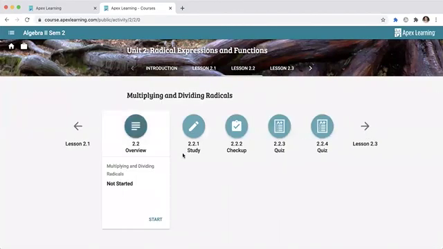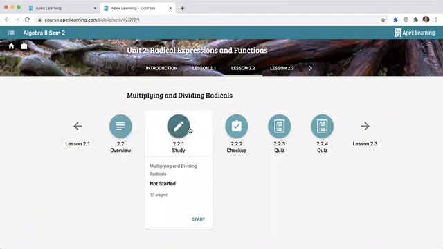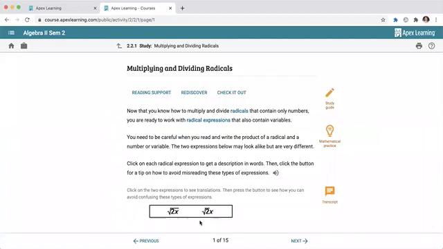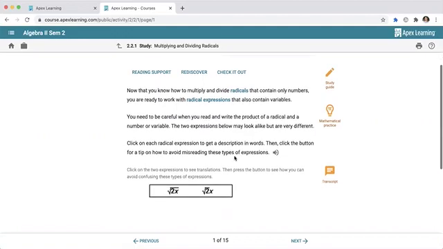Then looking here, multiplying and dividing those radicals. If we understand these principles, we can now multiply and divide radicals that don't just contain numbers. Hopefully we understand the principles and how we can do that with numbers, so now we can look at radical expressions that contain variables.